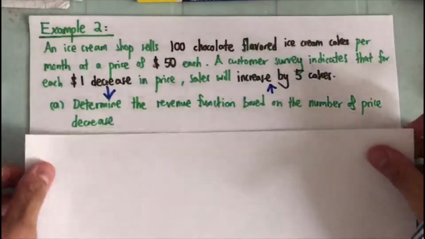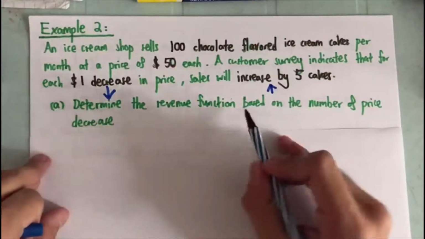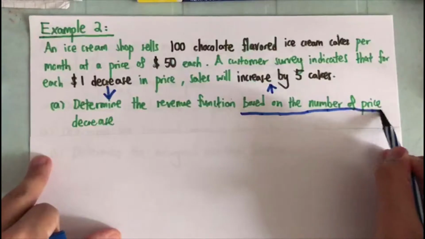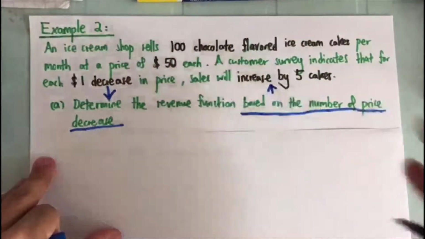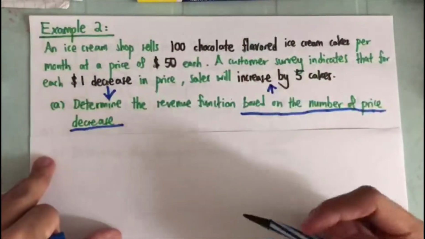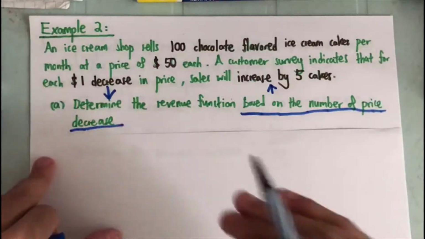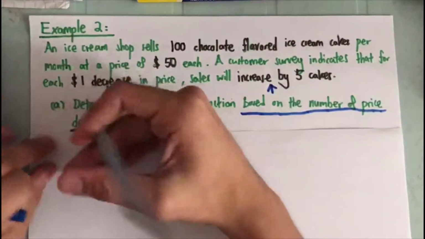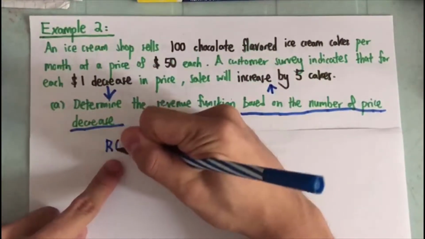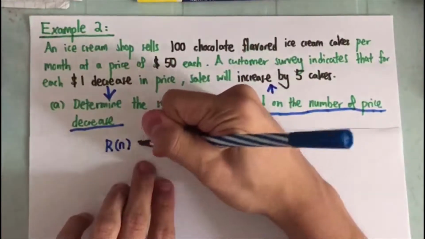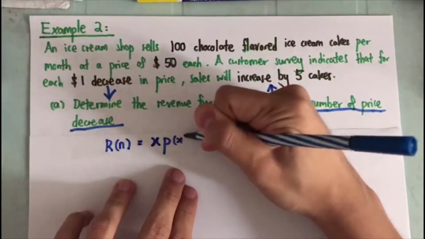So the first sub-question of the example is determine the revenue function based on the number of price decreases. Therefore, it is in terms of N, not in terms of x, because it says based on the number of price decreases instead of the number of units sold. Therefore, you have to find the revenue function in terms of N. And you know that it is still the number of units sold times the price function.